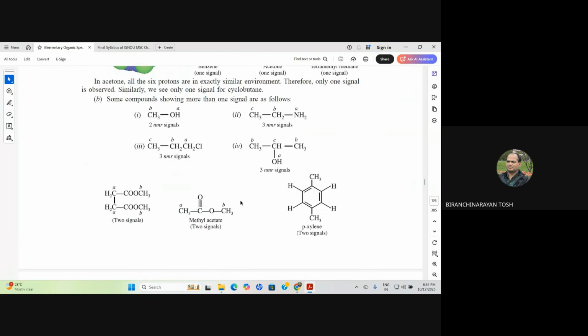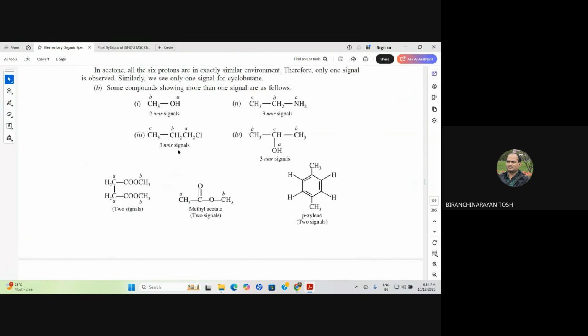So like this, you can find out the number of signals. In methyl succinate, this methyl group is one type and these two methylene groups are another type. So we'll get two NMR signals. Here also two because the environment is different.